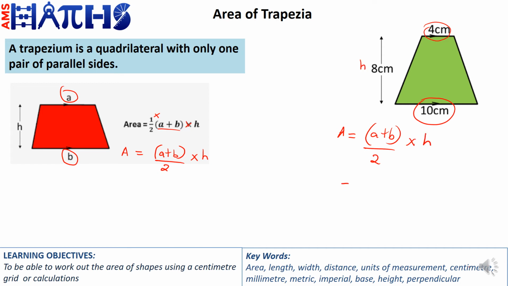Our parallel sides were 10 and 4. When we add them together, we get 14. We divide that by 2, then multiply by the height, which is 8. 14 divided by 2 is 7, and 7 times 8 gives us 56 centimeters squared.